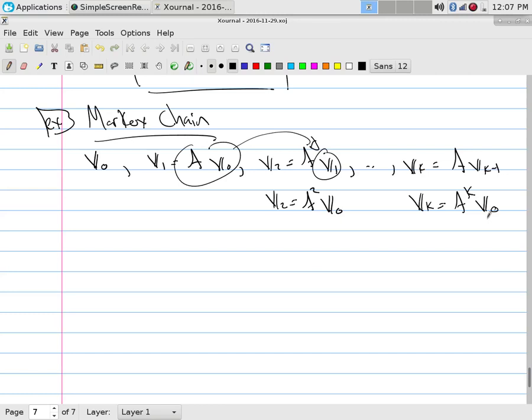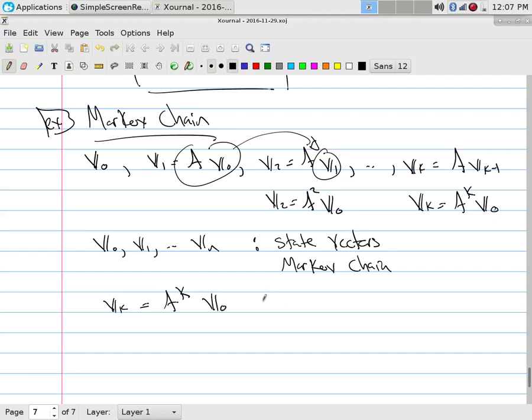So I keep multiplying by A. In terms of Markov chains, these V0, V1, up to Vn are the state vectors which form the Markov chain. This whole Vk is equal to A^k V naught. Doing this over and over again was our Markov process.